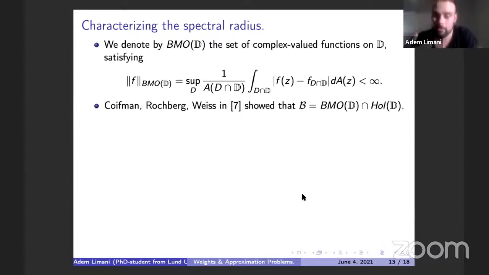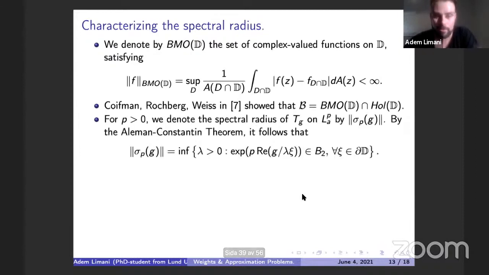Then from this, first we recall the spectral radius. We denote the spectral radius of T_g on L^p_a by this.